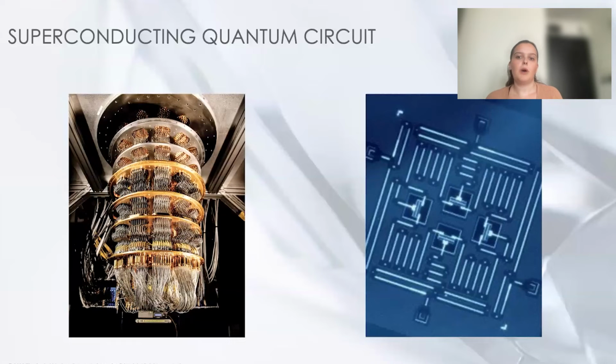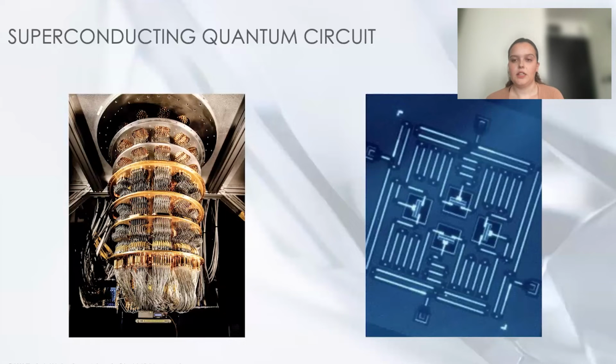But as the circuits themselves get bigger, the fridges will still get bigger too. The reason that the wires look a bit messy and curly is because of thermal expansion and contraction between the super cold and the room temperature. That allows a little bit of leeway to make sure the wires don't snap.